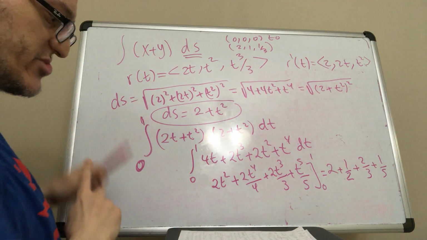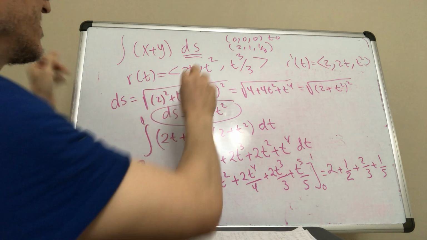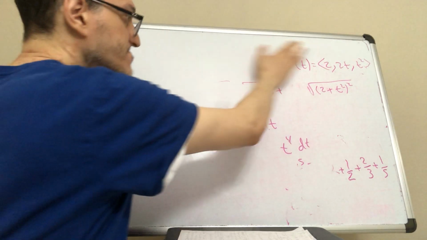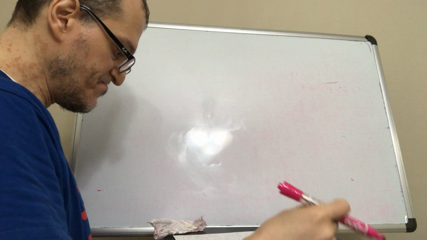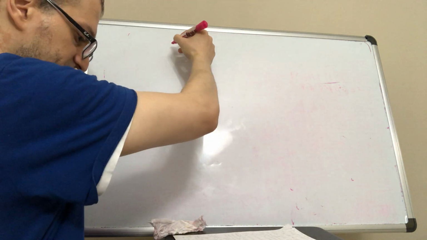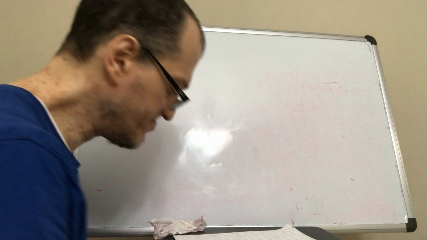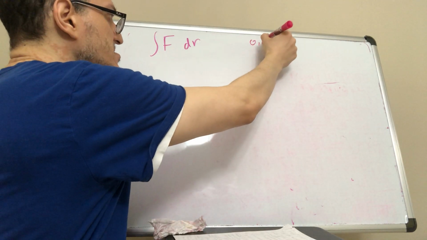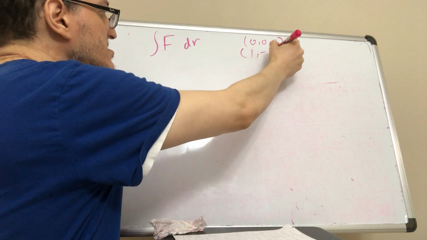There is a line segment question when ds is not given. It's not in terms of ds. I'll show you. So integrate the curve, the F vector, along the line segment from point 0, 0, 0 to point 1, minus 1, 2.